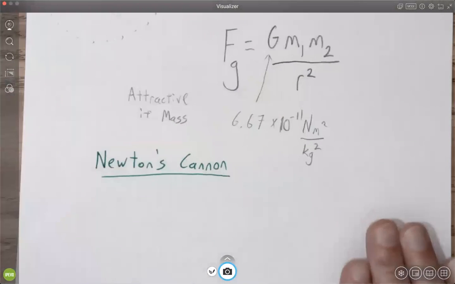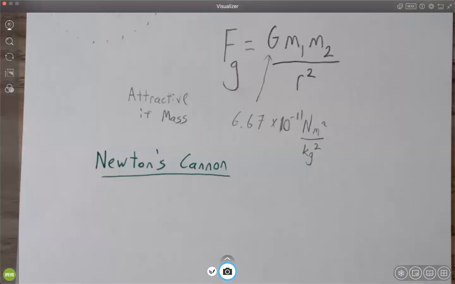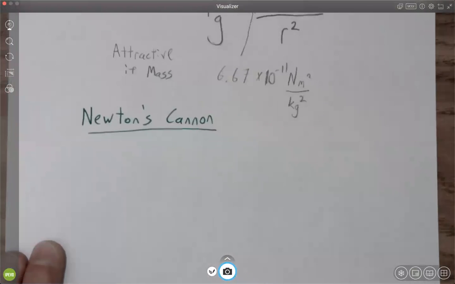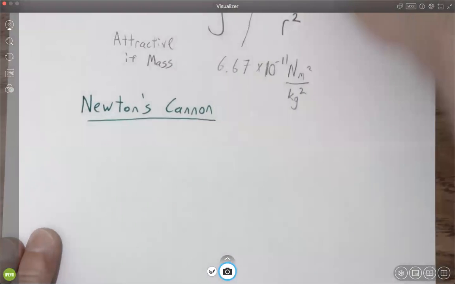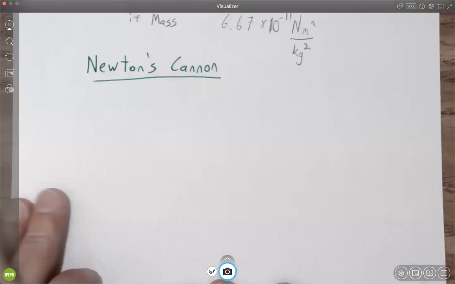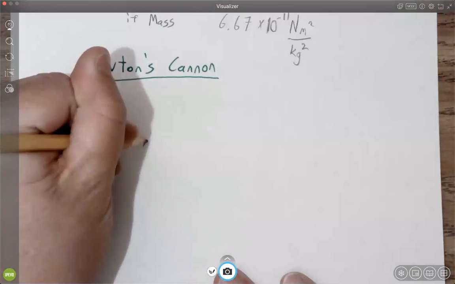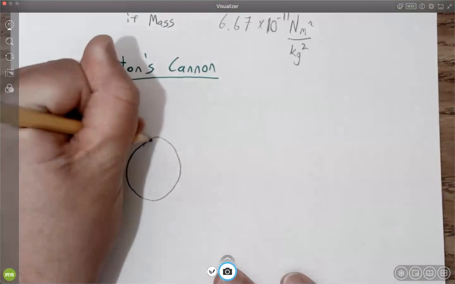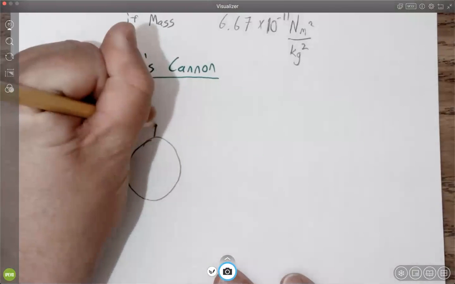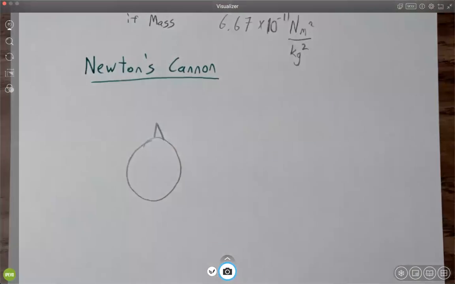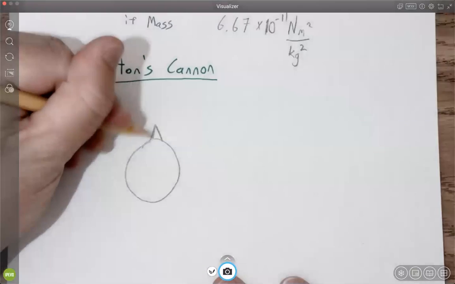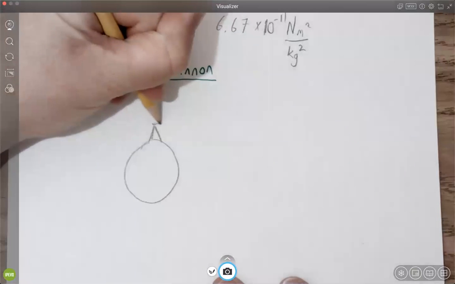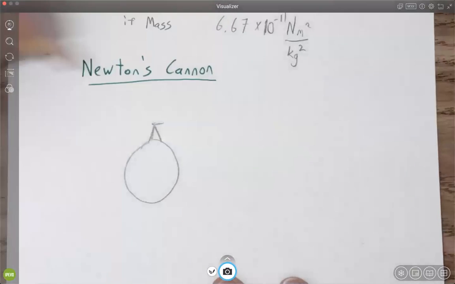So in Newton's cannon, we're going to look at the Earth, and on top of the Earth, I have a really tall mountain. And on top of that mountain, I have a really powerful cannon.